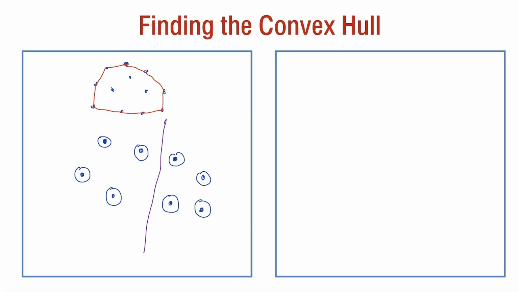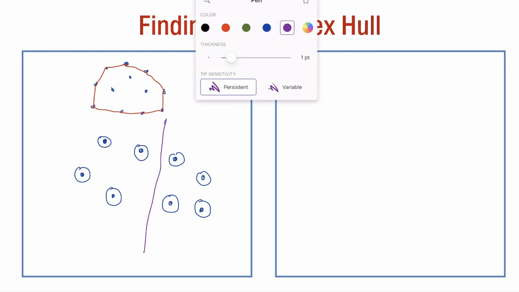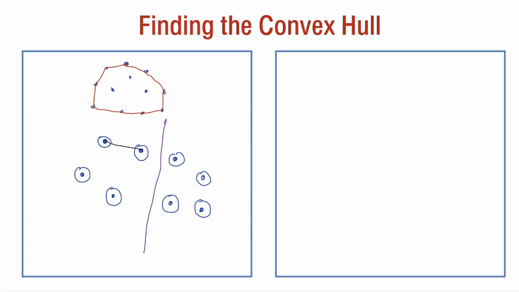We divide it into 2 parts. After having divided this into 2 parts, we find the convex hull of these individual components, and then apply an algorithm to check and combine these components to find the convex hull.